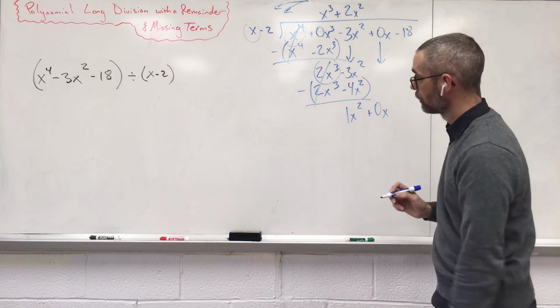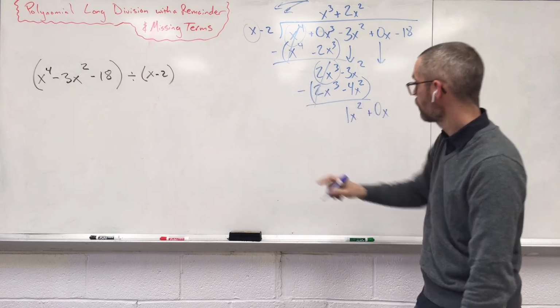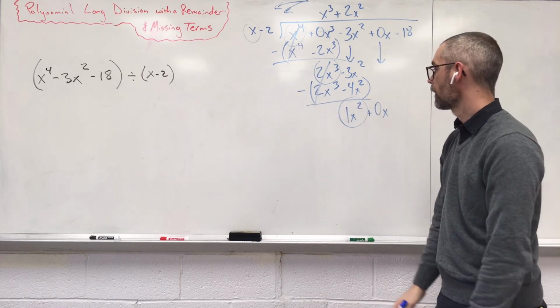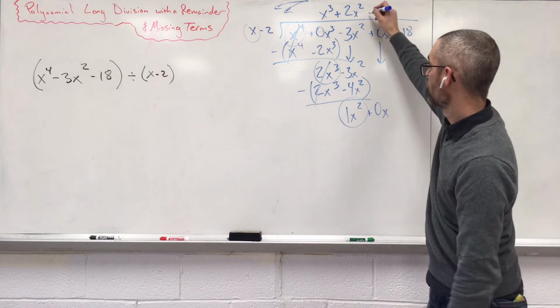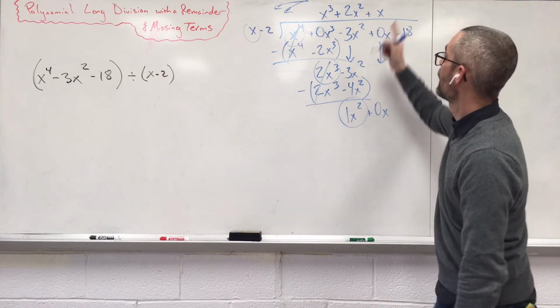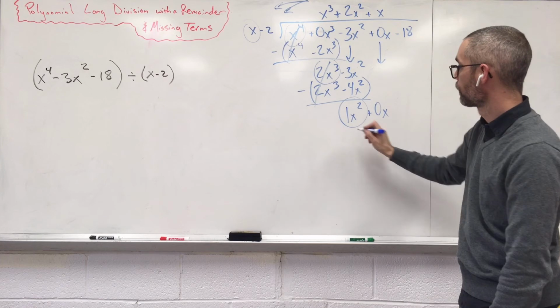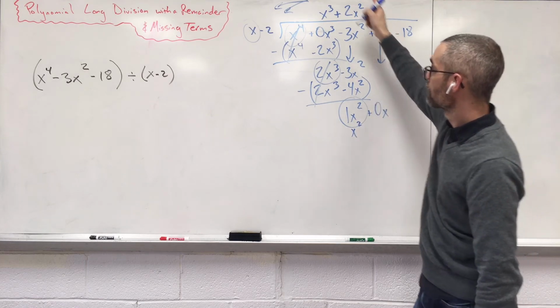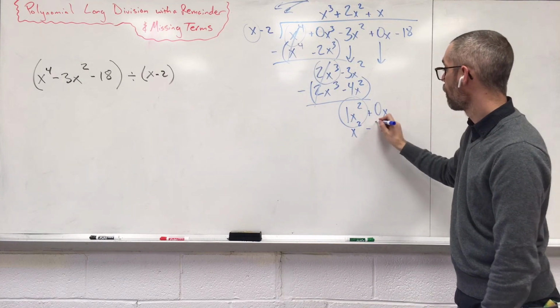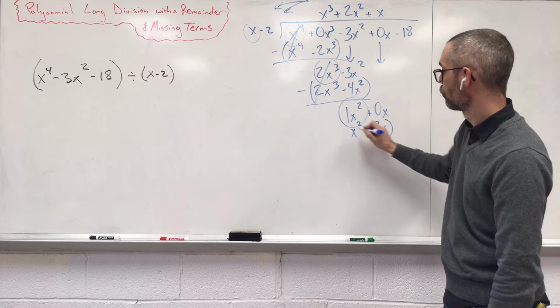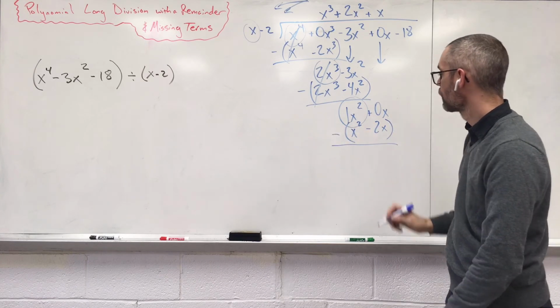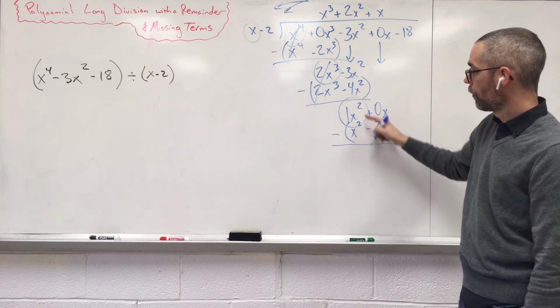Once again, let's try it all. I want to say x times what gives me 1x squared, or just x squared. We're going to say just x. X times x, distribute. X squared. X times -2, minus 2x. Group, subtract. These are both the same.